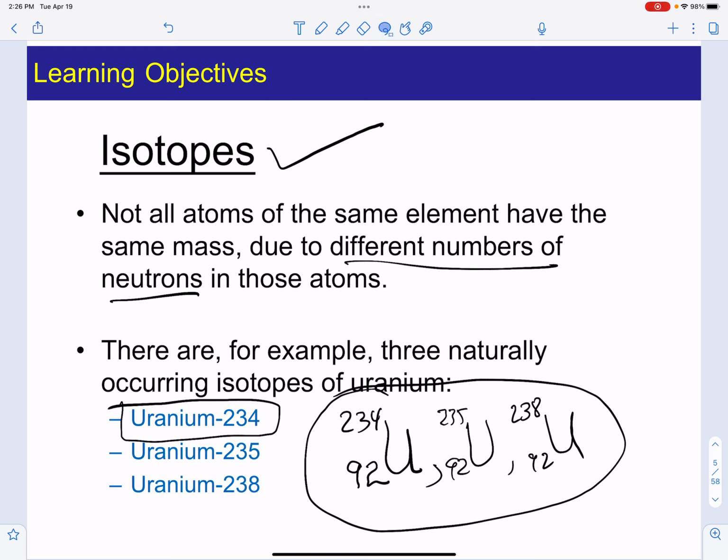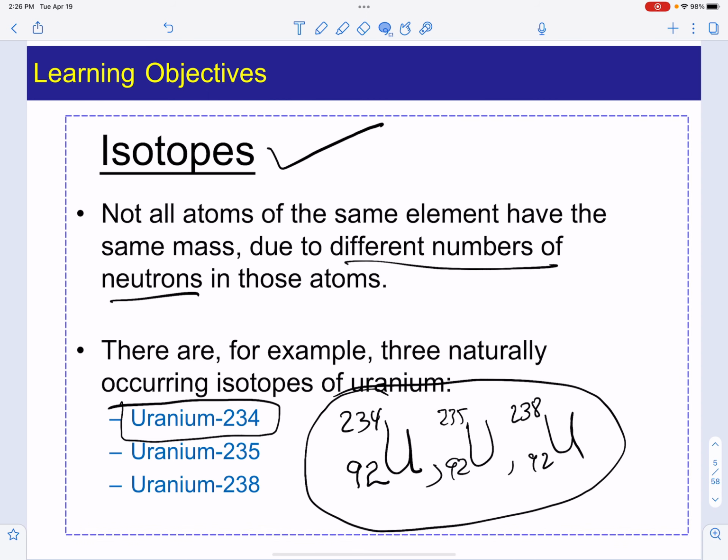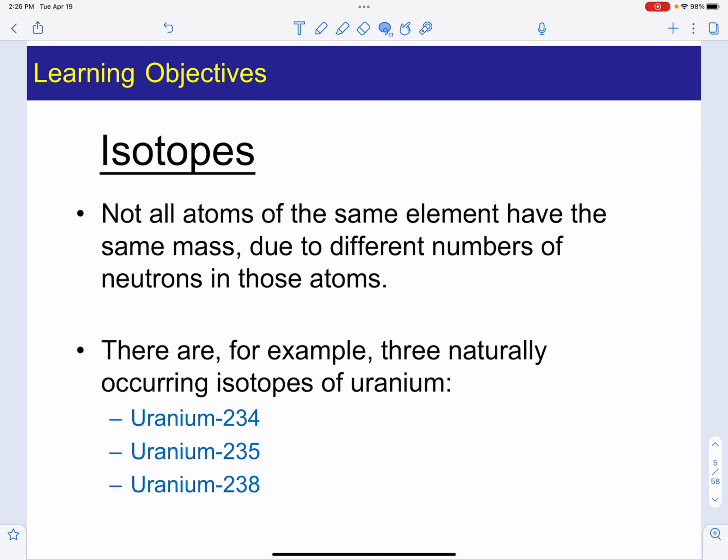And we also learned back in 1411 that in nature, isotopes are going to have different percentages of abundance. And when we take the average of those abundances with their weights, that's how we get the atomic weight, which is the weight that shows on the periodic table.